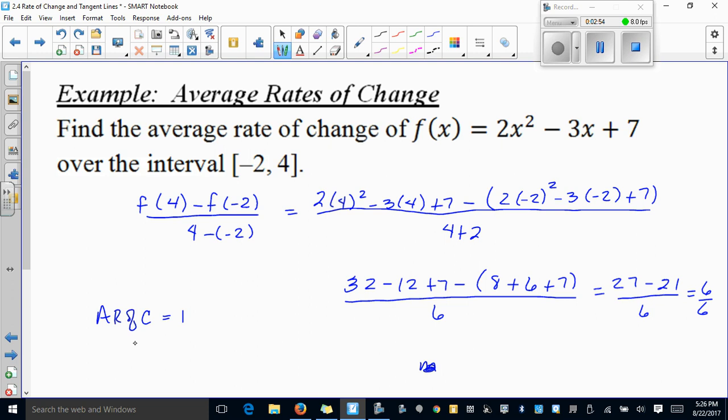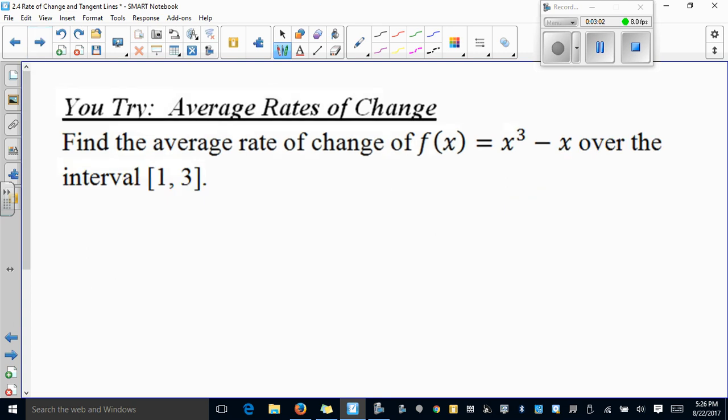Okay, let's try another one. On the interval from 1 to 3, so f of 3 minus f of 1 all over 3 minus 1 would give us 3 cubed minus 3 minus 1 cubed minus 1, over 3 minus 1, which is 2.